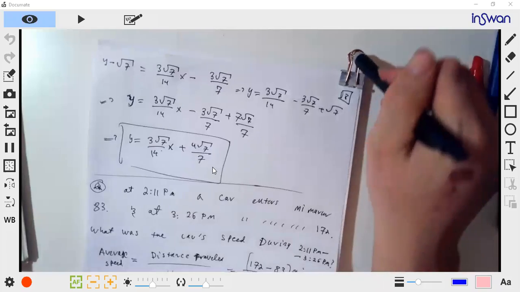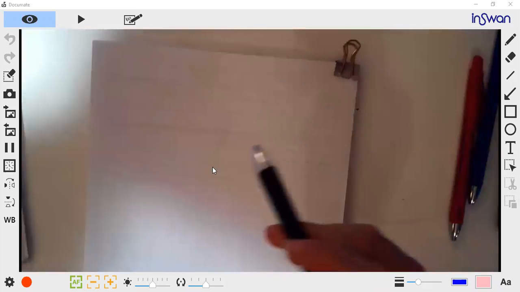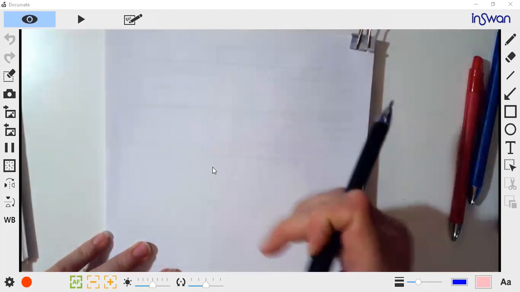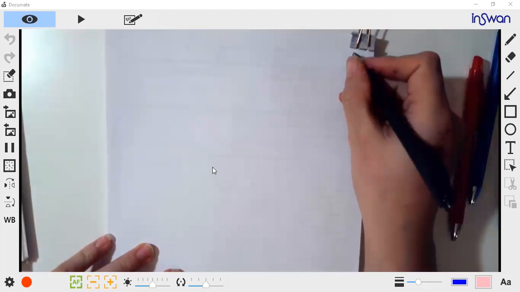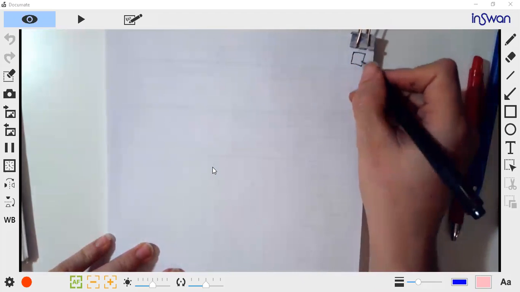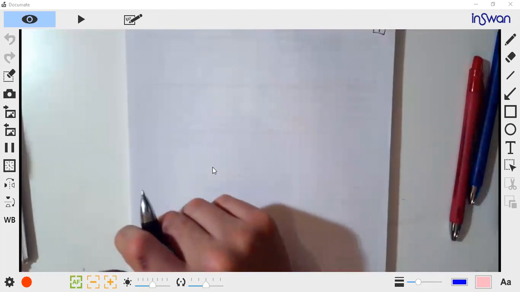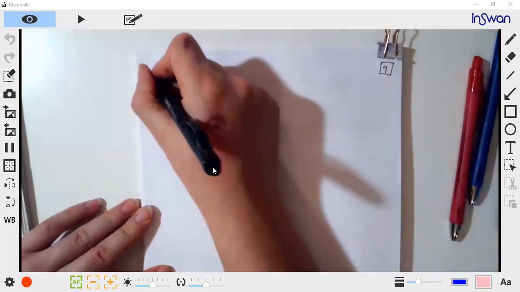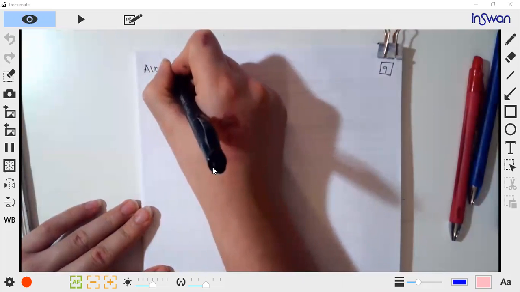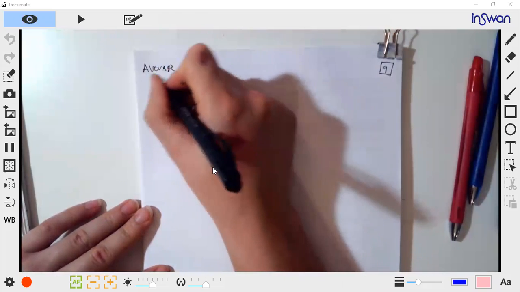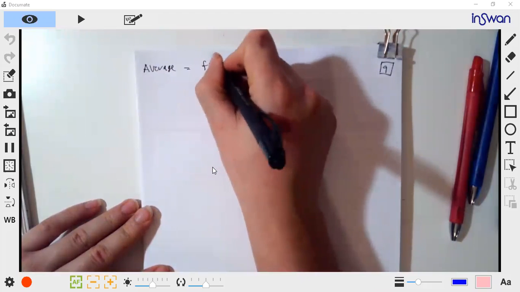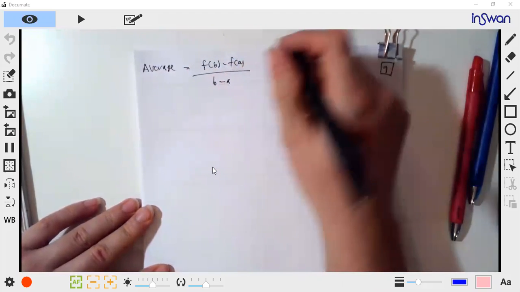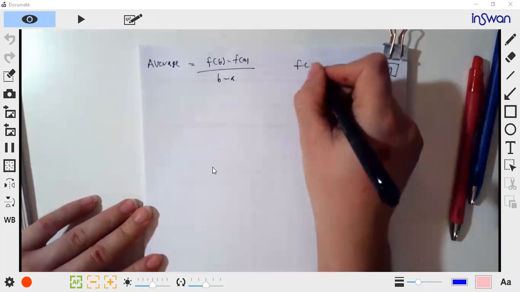If you've had trigonometry and you ended up discussing vectors, you know that a vector is a quantity that has magnitude and direction, and this is the difference between a vector and a scalar. Okay, so in general, average velocity, or just the average rate of change of a function, is equal to f of b minus f of a all over b minus a, for f of x.